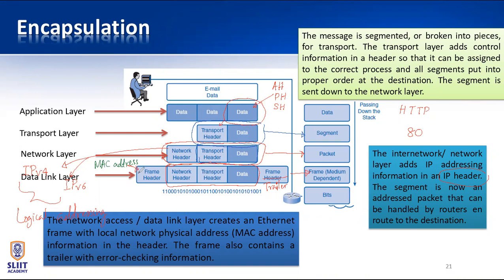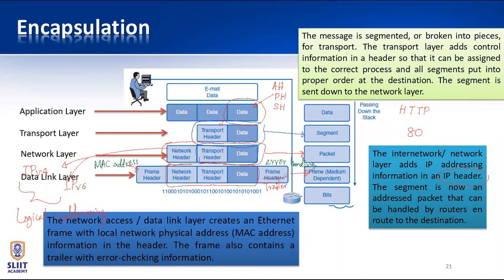So if you are going to communicate within a local area network, it will be helpful to find the destination device. What's inside the trailer then? Inside the trailer, you can find error handling information. From the data link layer, it does a very important job, that is error handling, right?